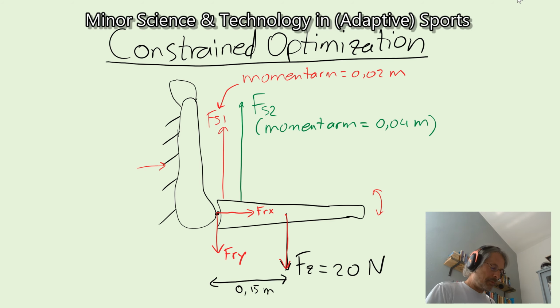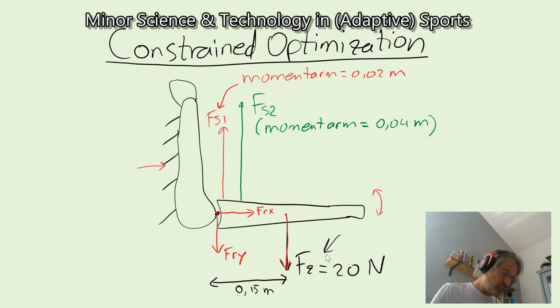Here we have an upper arm and a lower arm. The upper arm is connected to the world, it's steady, and the lower arm can rotate. But it doesn't rotate because it is in equilibrium, because of the forces that are working on it. We have a force of gravity, that's here, 20 newtons with a moment arm of 15 centimeters.